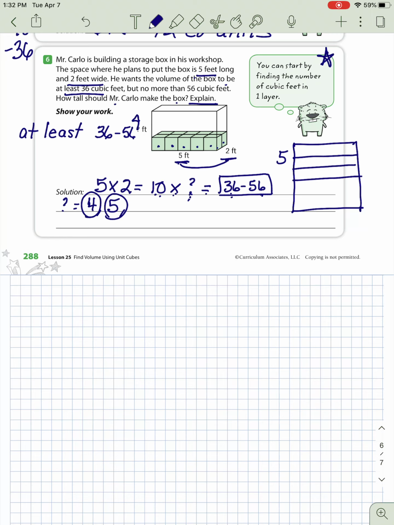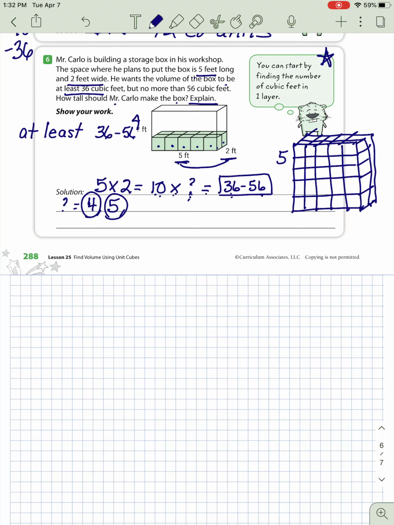One, 2, 3, 4, 5. This is going to be 5. 1, 2, 3, 4, 5. And this is going to go back this direction. Sorry, it's kind of sloppy.